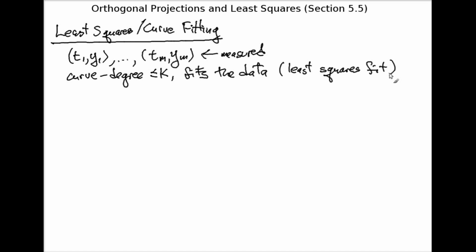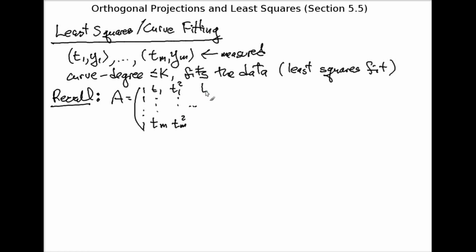So remember the way we did this before is we looked at this matrix. We put 1 here, t1 down to tm. If we were just doing a linear fit, that's what we'd use. If we were doing a quadratic fit, we'd put in some squared terms and so on. And we're trying to do a degree k fit, so we write down this matrix.